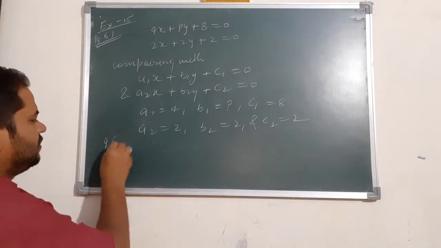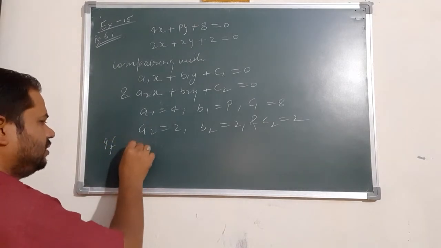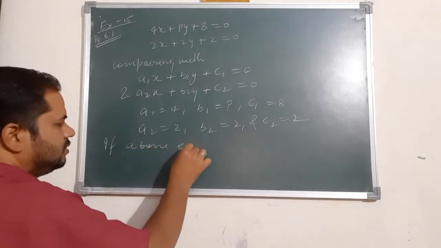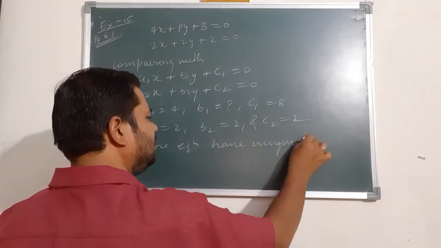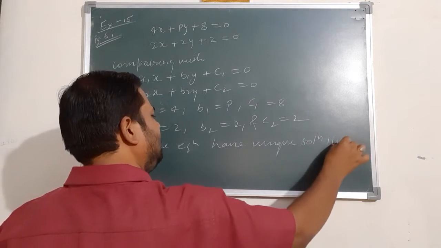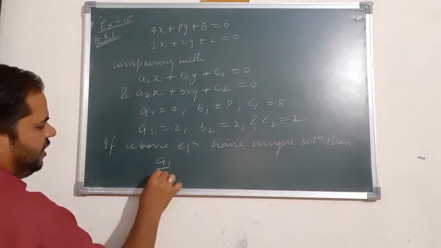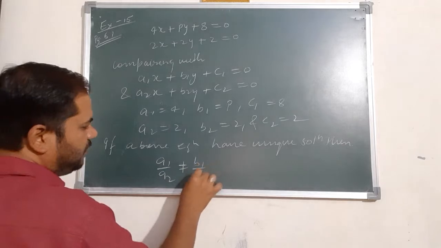Now if above equations have unique solution, then a1 upon a2 does not equal to b1 upon b2.